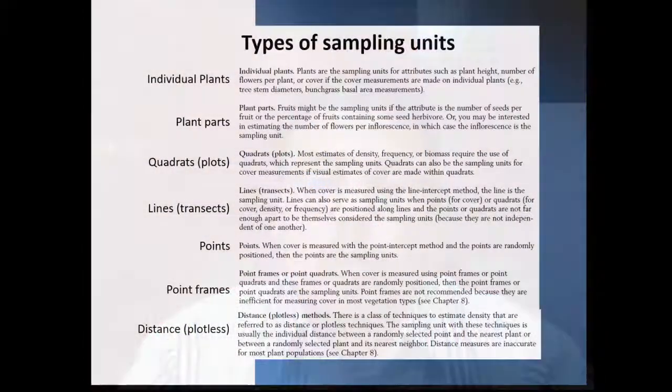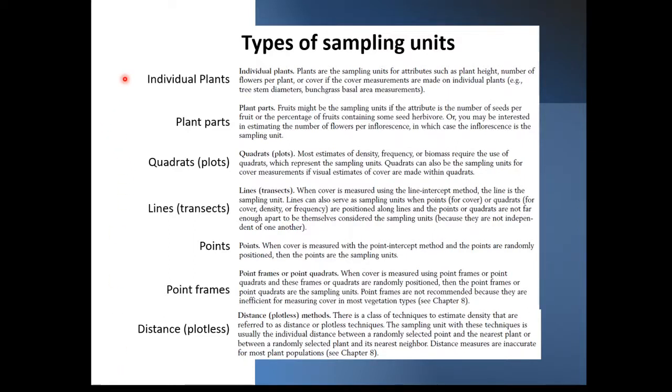You can look at the density, the cover, the frequency, and the biomass. These are some vegetation attributes most commonly monitored. Attributes related to individual plants such as height, number of flowers, and number of fruits per plant are also often of interest. So here are types of sampling units that are relevant when you do the sampling of a plant population.